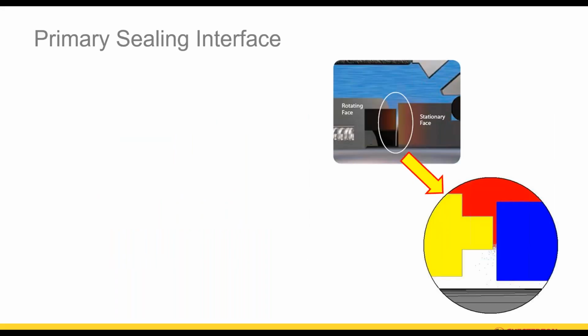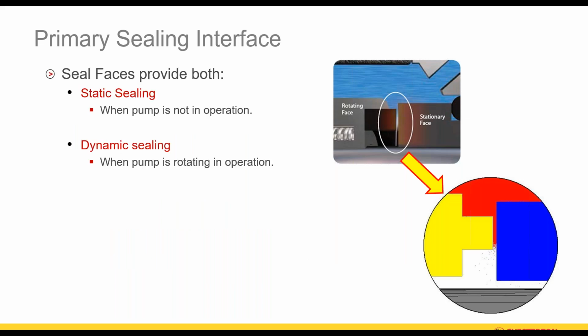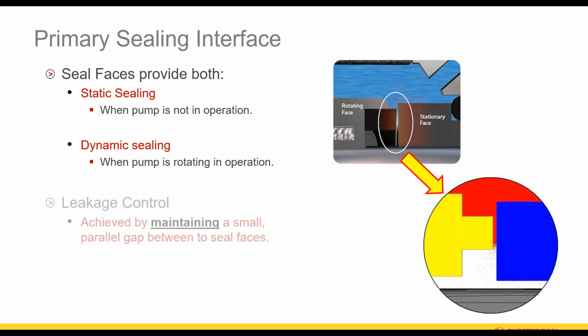So if we look at the primary sealing interface, we have to recognize, first of all, that there are two types of sealing occurring. First, there's static sealing. When the pump is not in operation, these seal faces have to be able to obviously contain the fluid in the pump in the stuffing box and not allow it to pour out all over the ground. And then there's obviously what we more think about with mechanical seals, which is the dynamic sealing when the pump is in operation.